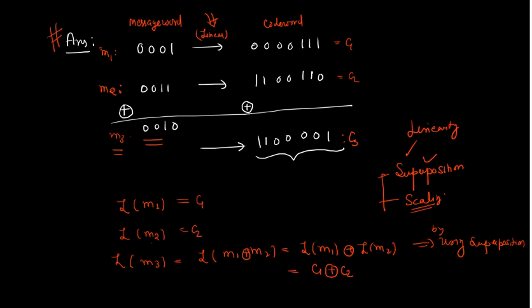But for this question, only the superposition property is required. So we can see that the mapping on M1 plus M2 is nothing but LM1 plus LM2. So LM1 is nothing but C1, and LM2 is nothing but C2. So this is nothing but C3. So we get C3 by just doing bitwise XOR of C1 and C2.